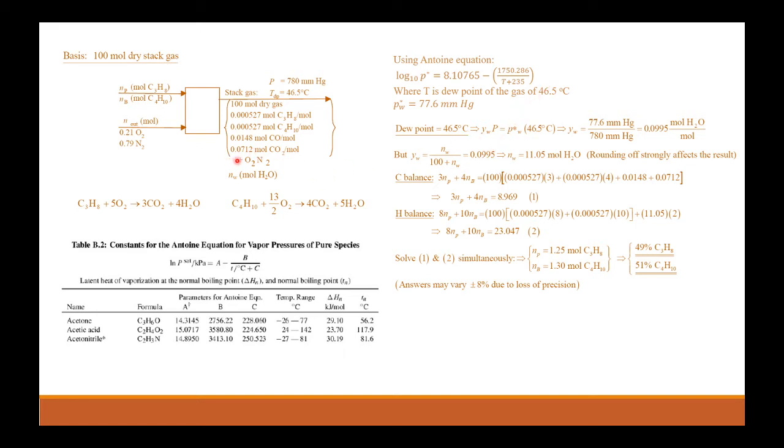So we can calculate the mole fraction of H2O using this equation, where YW is the mole fraction of water in vapor phase, P is the total pressure of the stack gas, which is 780, and P star W is the vapor pressure of water at 46.5 degrees Celsius, which we have already found to be 77.6.